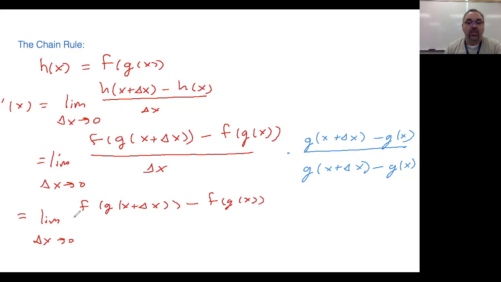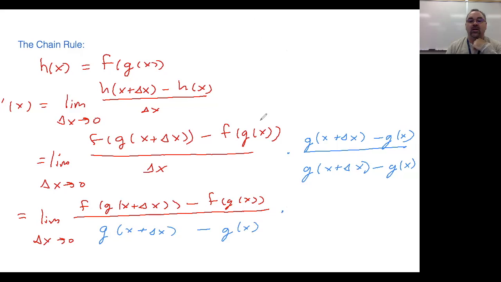But I'm going to split the fraction up a little bit differently. I'm going to bring a g of x plus delta x minus g of x here, and then over here I've got g of x plus delta x minus g of x. And in the denominator now, I'm going to move the delta x over there.